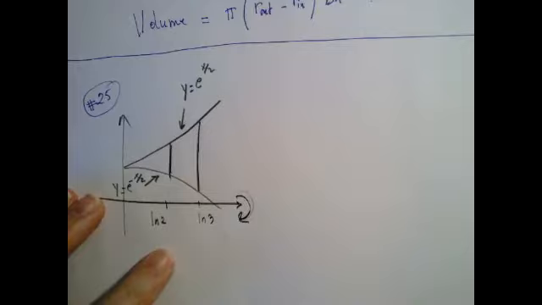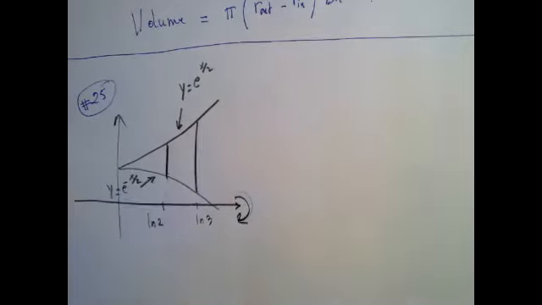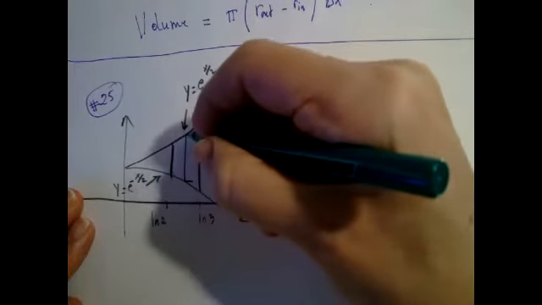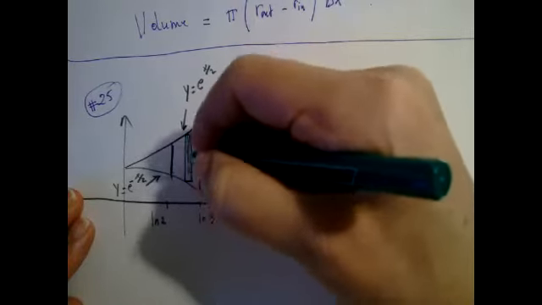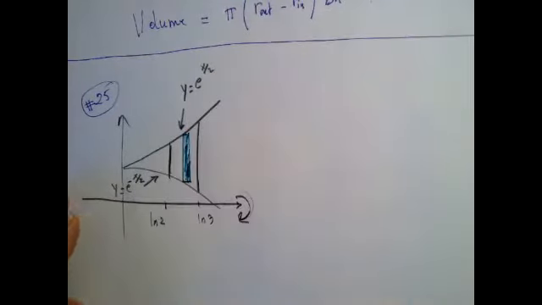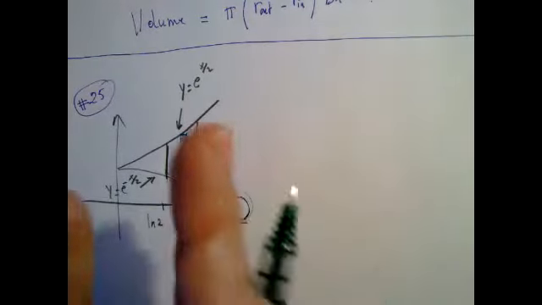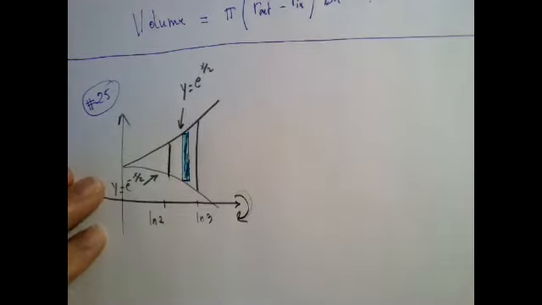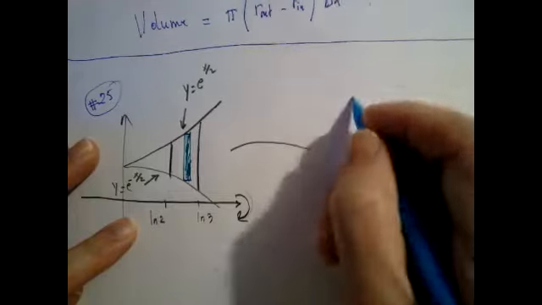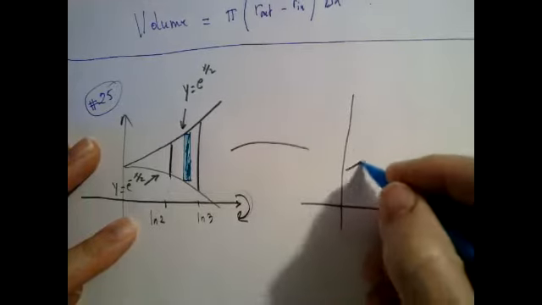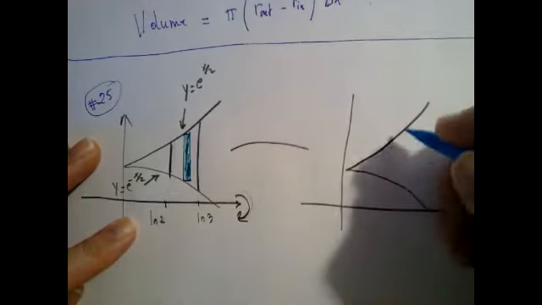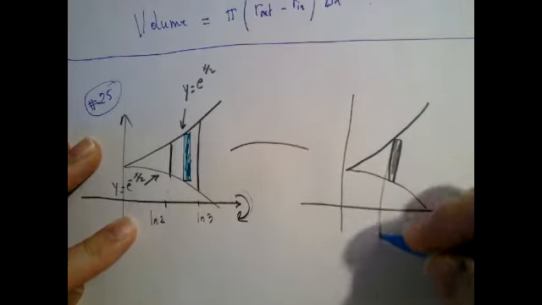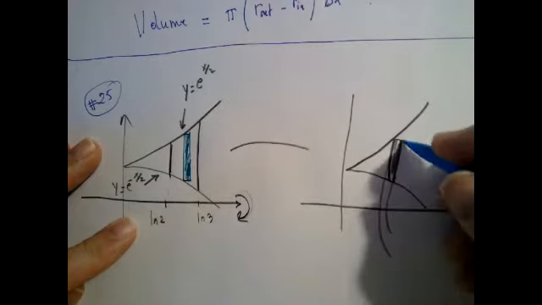The way we are going to do it is we're going to take a typical piece, a rectangle, and rotate every rectangle. When we rotate it, we get a washer, and we will fill up the region with washers. So when we rotate this, that's my typical disk. When I rotate it, I'm going to get this washer.